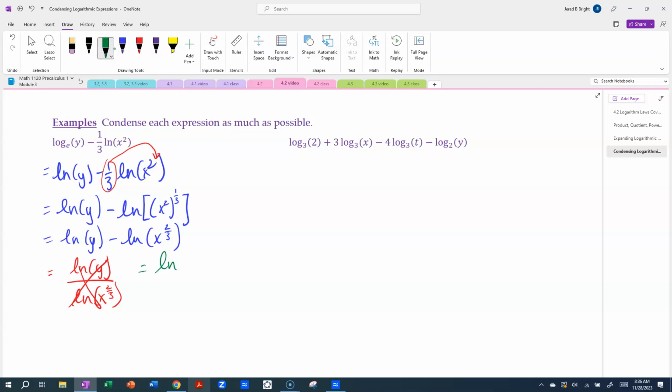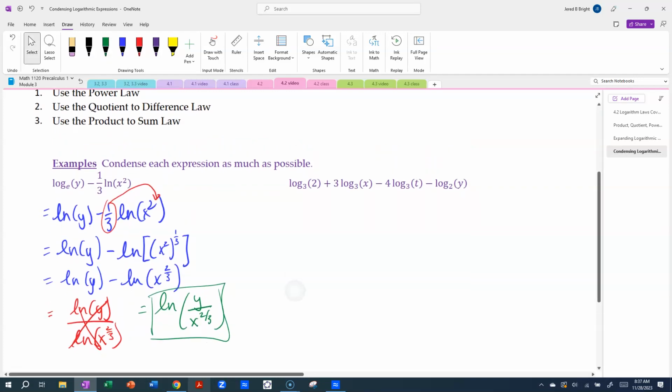So you'd write it as natural log of y divided by x to the 2/3. The first thing, before the subtraction, goes in the numerator. The thing that follows the subtraction goes in the denominator. But it's a quotient inside of a logarithm. And so there we go.